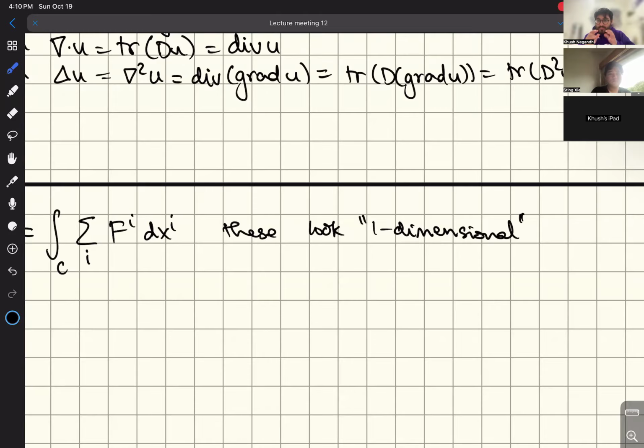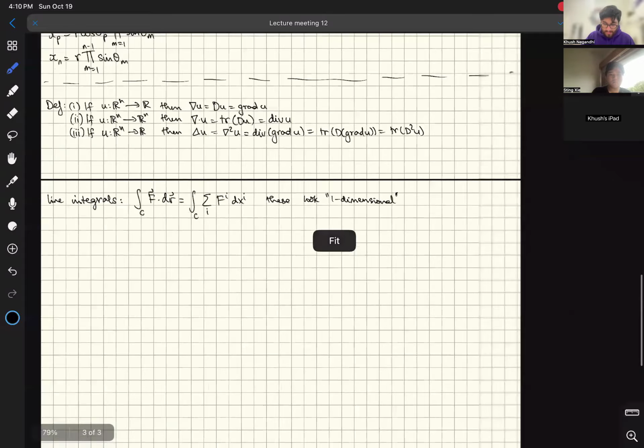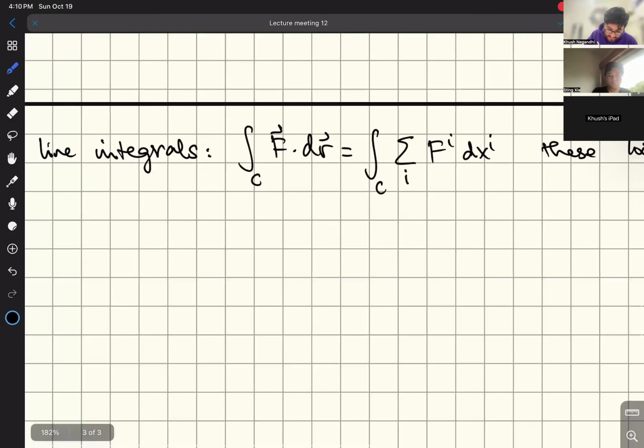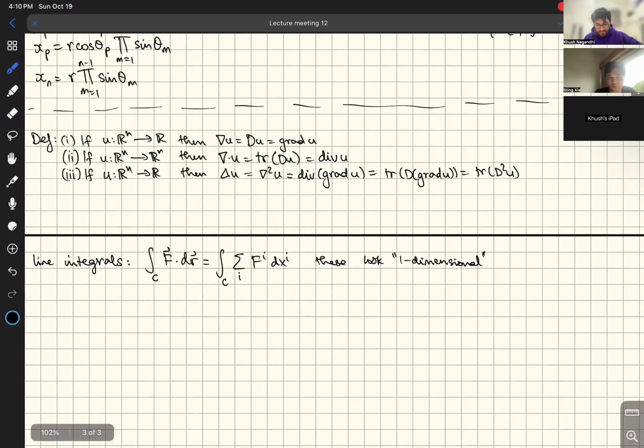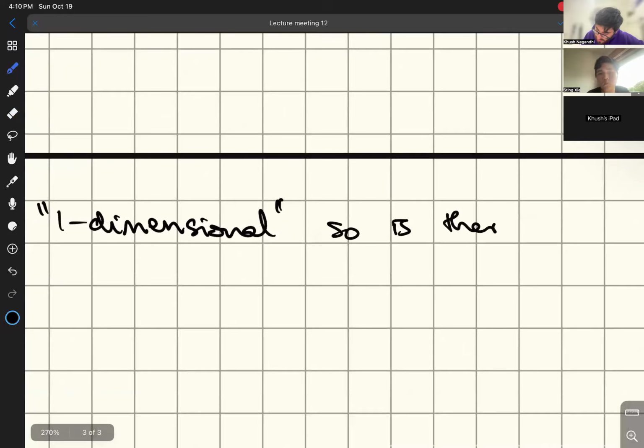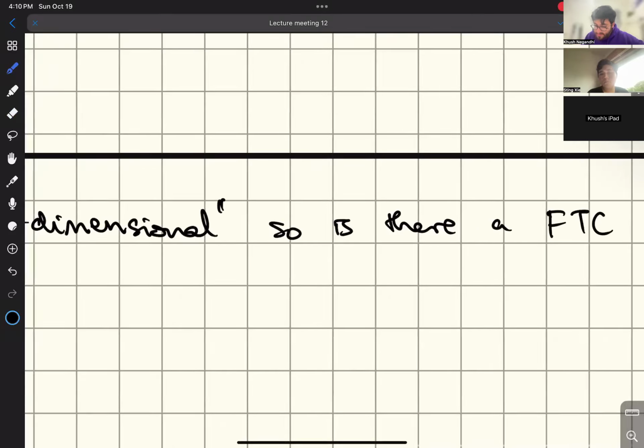If I'm in a volume, I need three numbers and so on. Just as an example, a circle has parameterization cosine t, sine t, right? So even though I specify two numbers, these numbers are specified by the parameter t. This means that the circle is one dimensional. Okay. So these look one dimensional. So is there an FTC type theorem?